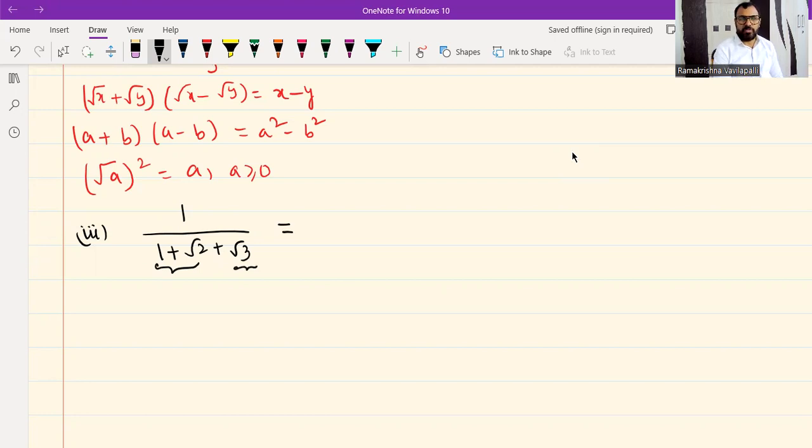What we have to do is multiply with the difference of these two quantities. 1 plus root 2 minus root 3 whole by (1 plus root 2) whole square minus (root 3) whole square.